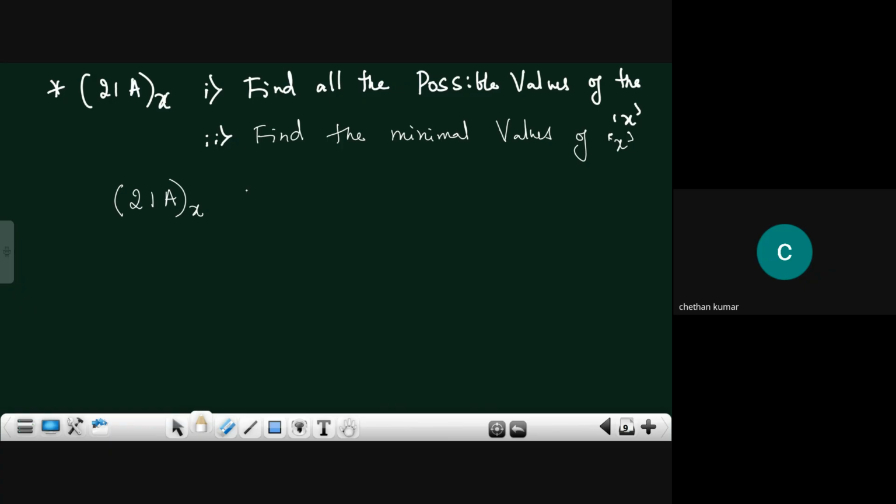How many of you agree? So the possible values of X are greater than or equal to 11, greater than or equal to 12, greater than or equal to 13, and so on. These are the possible values of X. How? Look at this number 21A. What is the maximum digit?